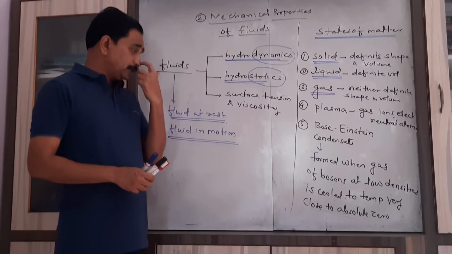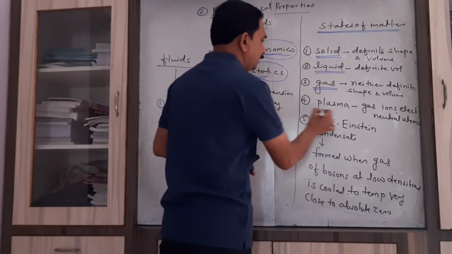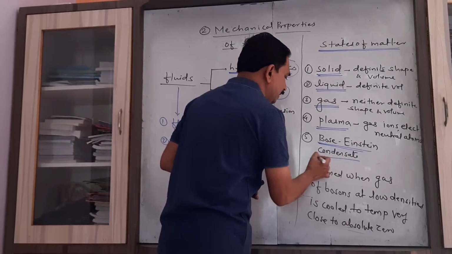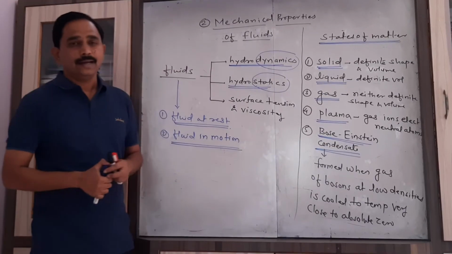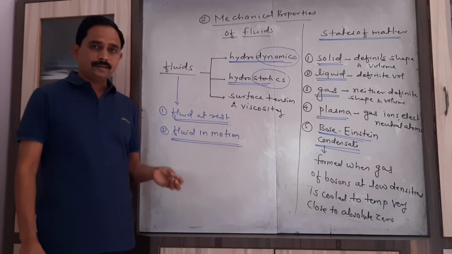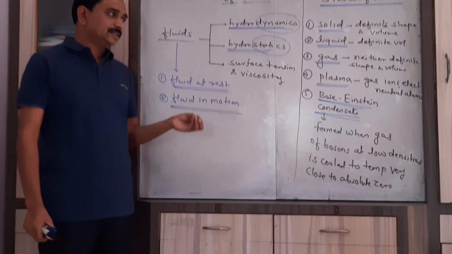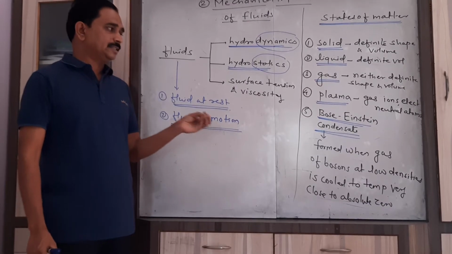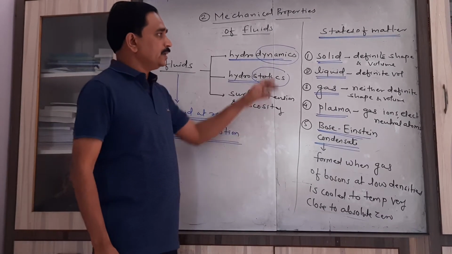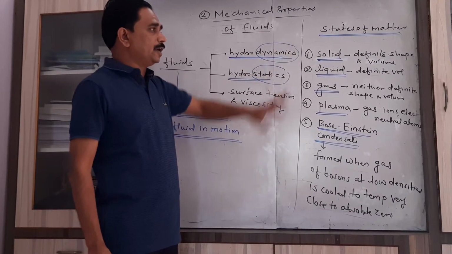But two states are again added, that is plasma state and Bose-Einstein condensate state. So now we consider there are five states of matter: solid state, liquid state, gaseous state, plasma state, and Bose-Einstein condensate state. Now out of these five, these three are very familiar to us.